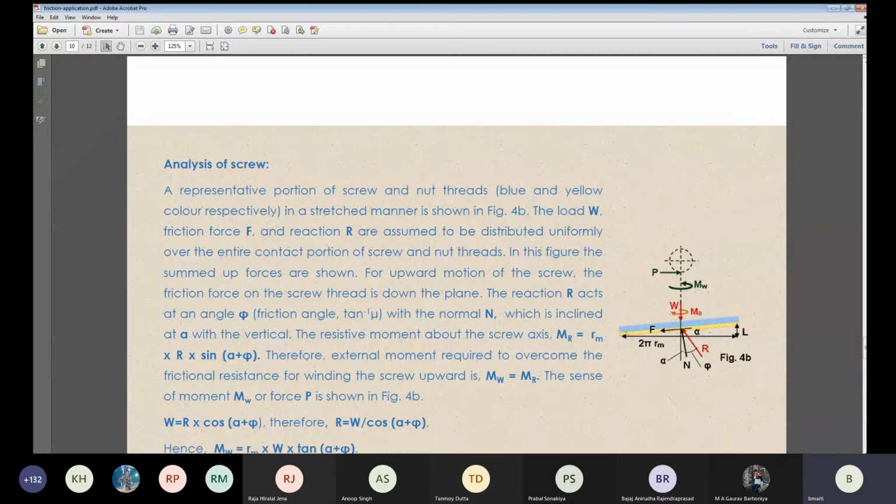The distance traveled in the vertical direction is P, and in the horizontal direction you have moved by the circumference. One rotation is only one circumference, so the circumference is 2 pi Rm. So tan alpha equals P by 2 pi Rm.